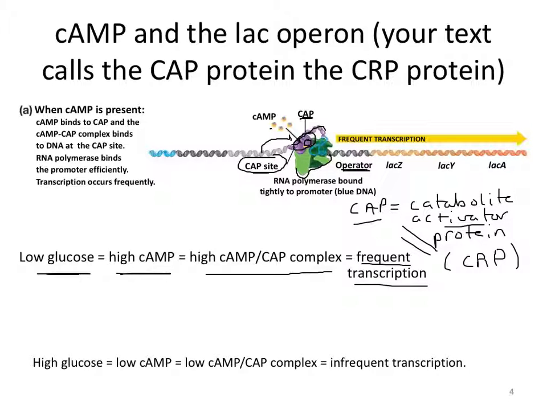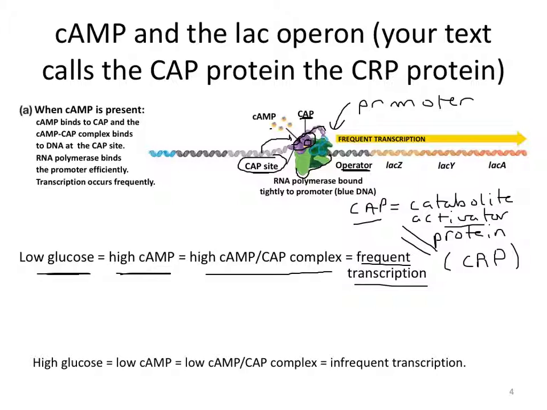The promoter is in there, a little hard to see under all those proteins, but it's in there, and that's what RNA polymerase is binding to. So low glucose, high cAMP equals high cAMP-CAP complex equals efficient functioning of RNA polymerase, therefore frequent transcription.